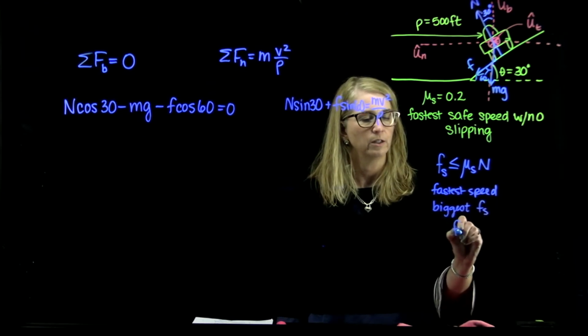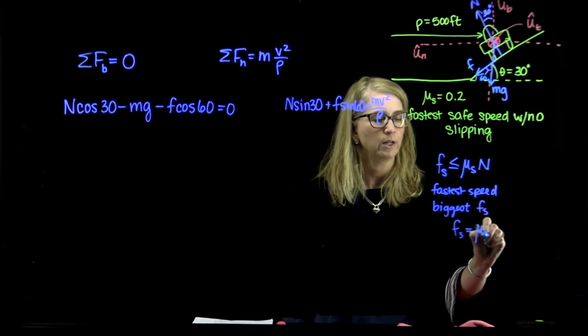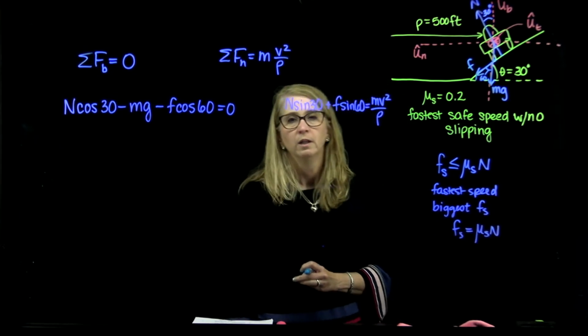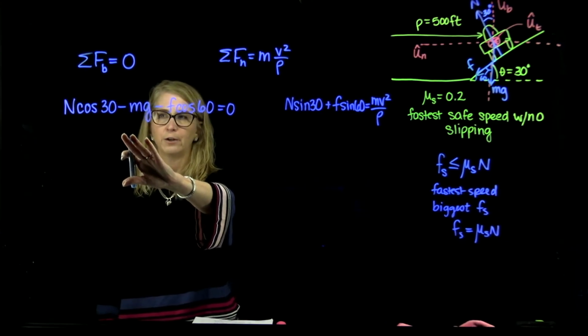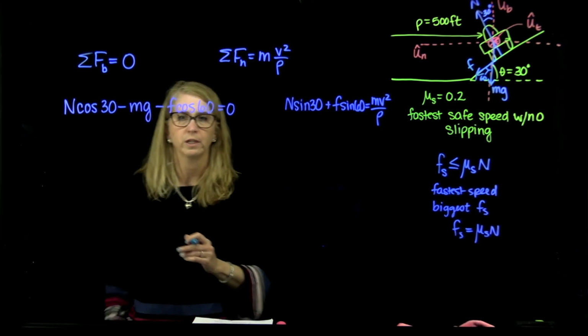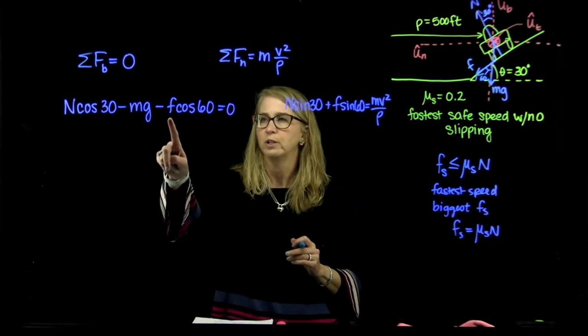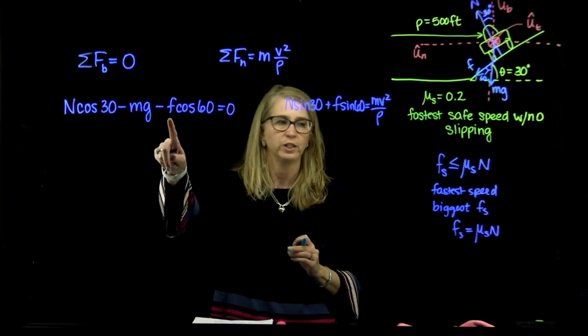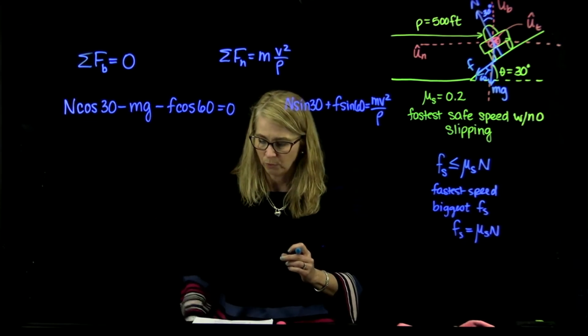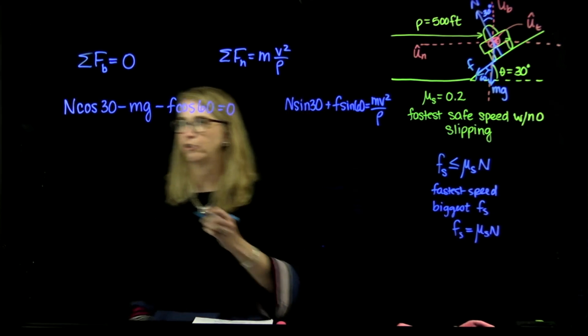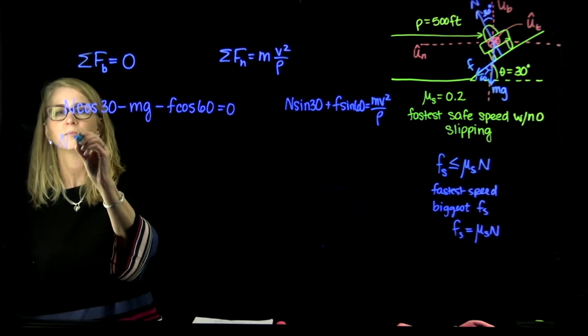So we're going to say that our static friction is equal to mu s times normal. And this is going to allow us to figure out what the normal force is, because the net vertical force is equal to 0 and we can write friction in terms of the normal force. I'm going to be able to solve for normal through some rearranging. So let me show you what I mean.